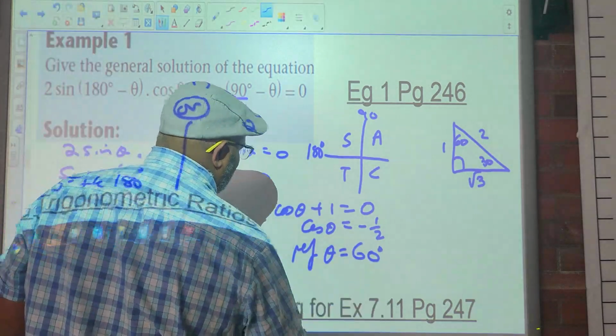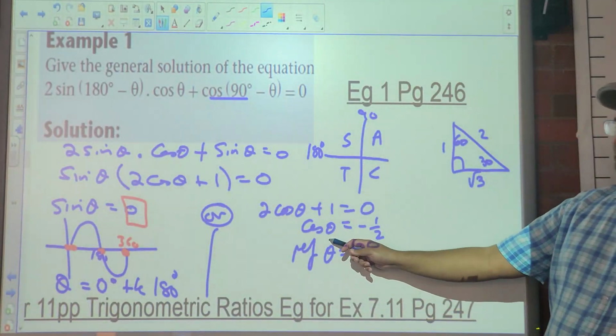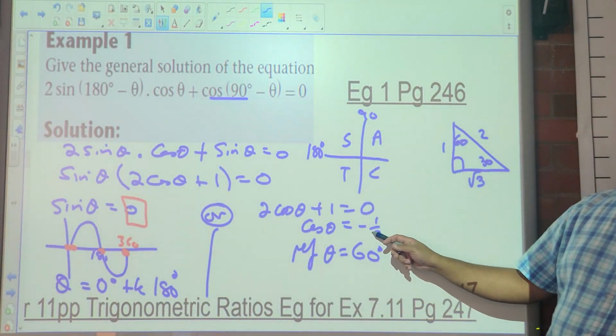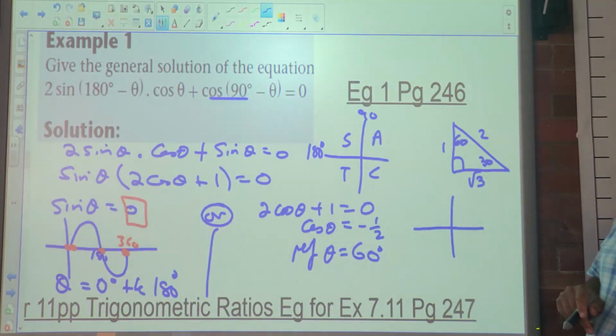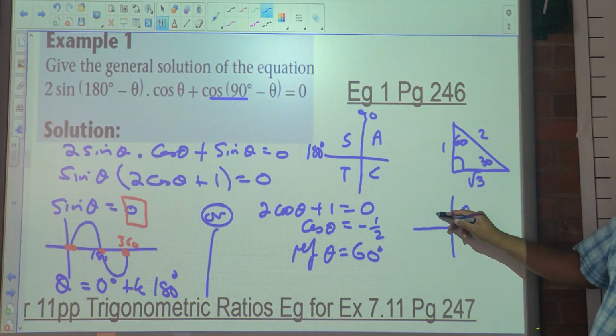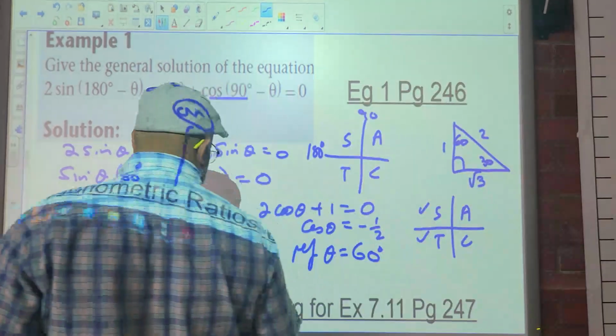So which question comes to mind at this stage? In which quadrant is cos negative? Quadrants 2 and 3. So how do I get into quadrant 2?